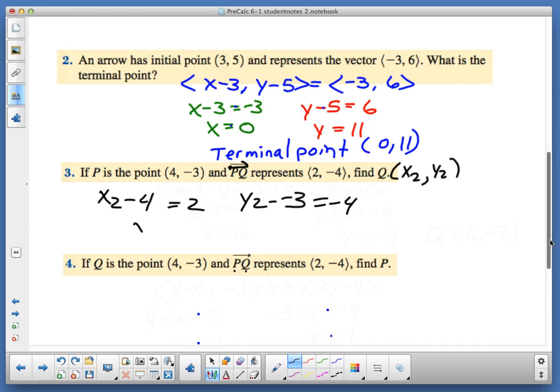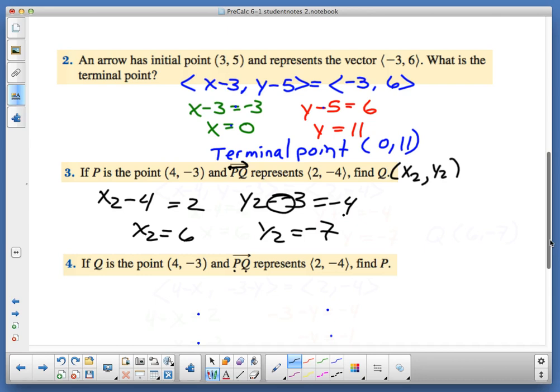So I add 4, and x sub 2 is 6, and I subtract 3, and y sub 2 is equal to -7. So Q is 6, -7, but I should check it.